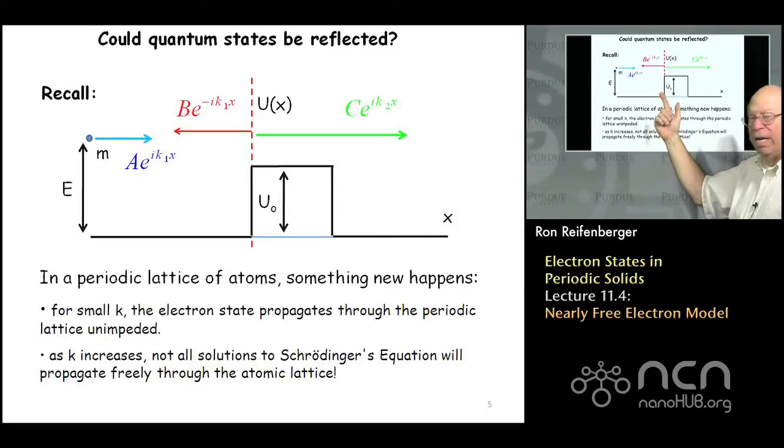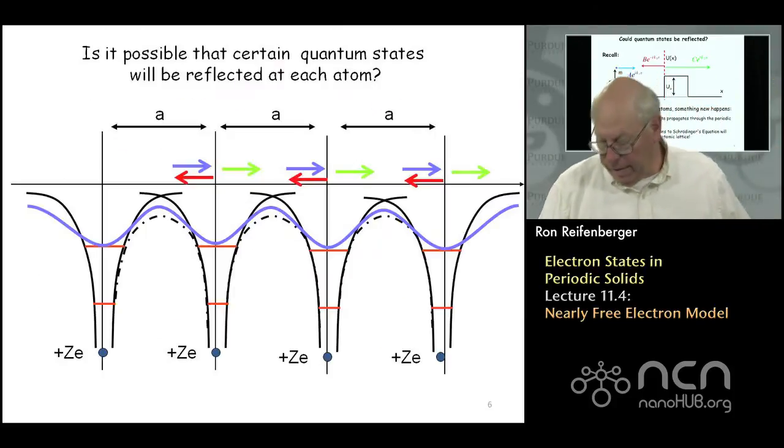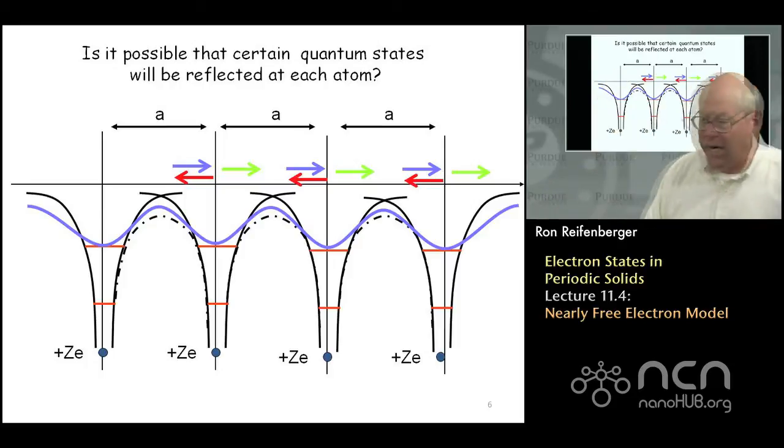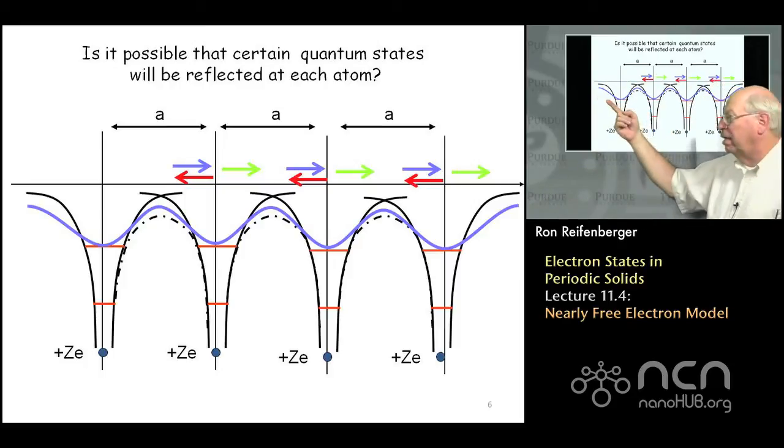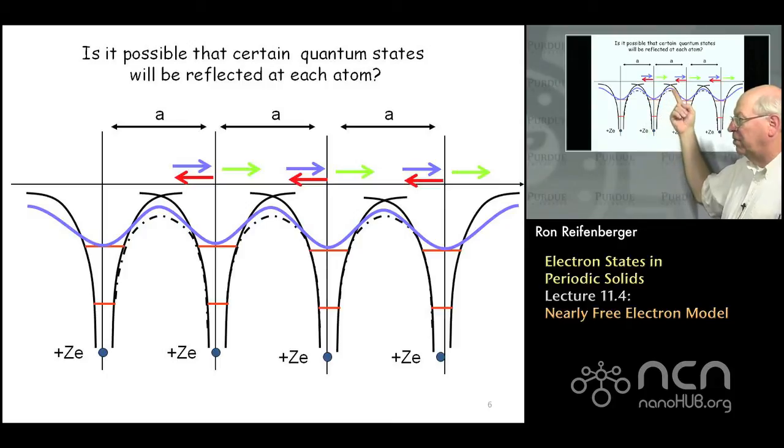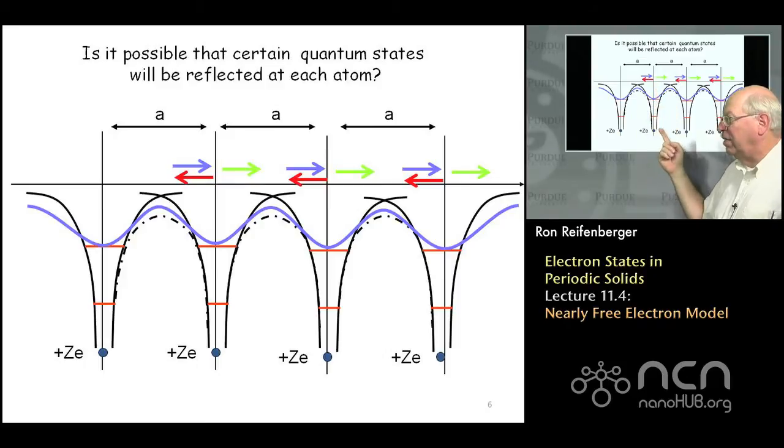But in quantum mechanics, these abrupt changes in the potential energy cause reflections, and that's just a quantum phenomenon, right? So the question simply becomes, is it possible that when we modulate the interaction potential energy by this sinusoidal function, we could start to acquire a reflected electron state at the location of each of these atoms in this one-dimensional crystal?